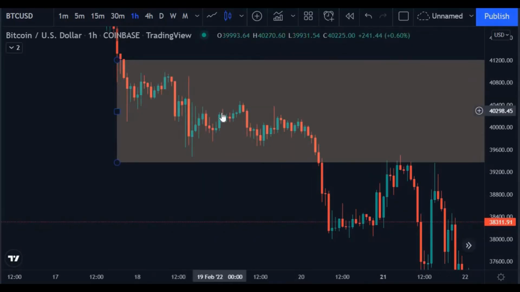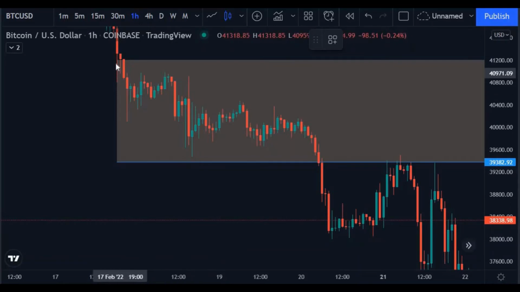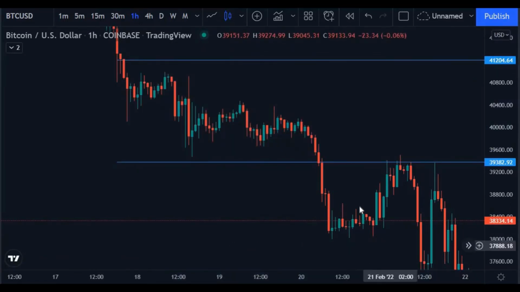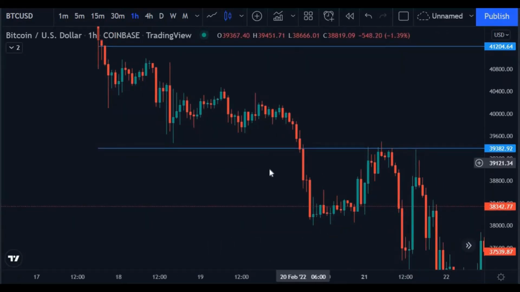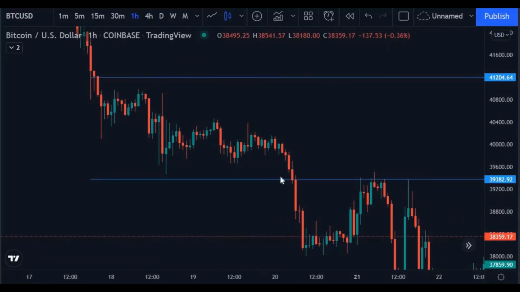This is a supply zone, so obviously you want to be looking out for quality supply setups in this zone, not use this instead.